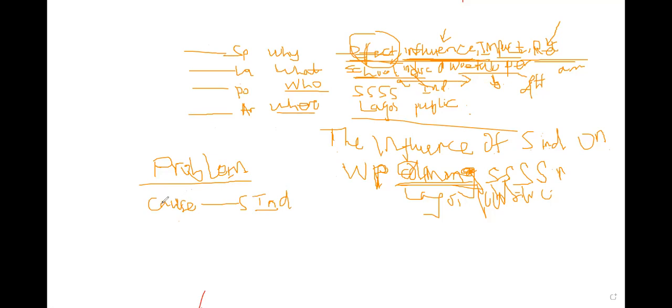Then how is indiscipline a problem? It's students' academic performance. The problem is the effect on the student performance. Why is it a problem? We look at that. Then what factor leads to the problem?